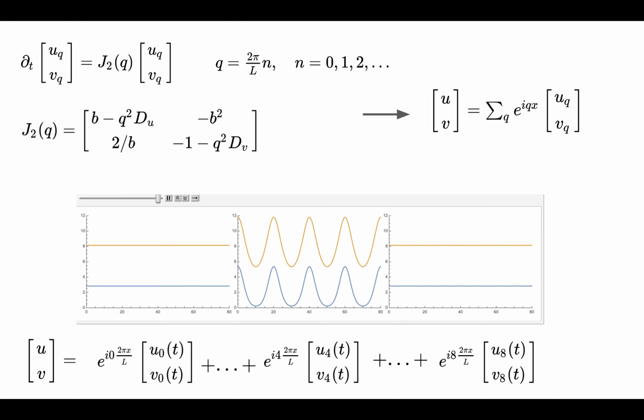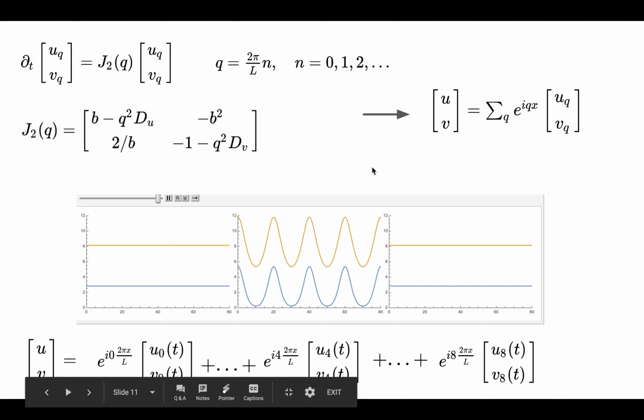As you can see, the diagonal terms have a q squared in them, and the way we solve the general solution is by solving the equation for each q, for u_q and v_q, because each q has its own J2 matrix, and then once we've got all that, we combine them together to get u and v.